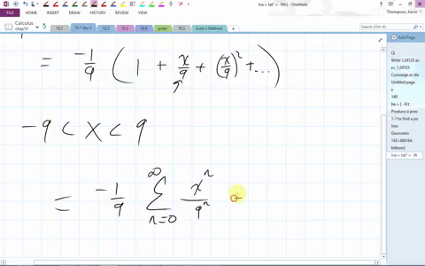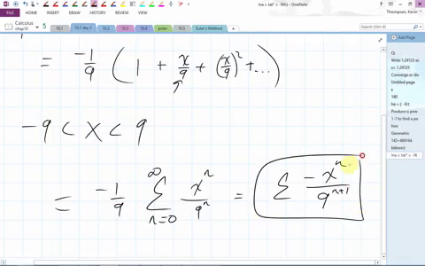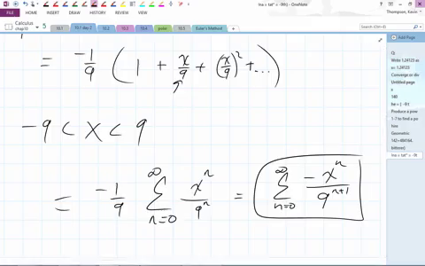So I could write this as the summation of the opposite of x to the n over 9 to the n plus 1, and I better have my 0 to infinity. Did you get it? There's a couple ways to write that. Hopefully you have one that's equivalent to what I just wrote.